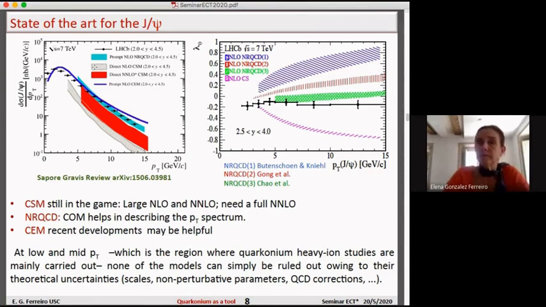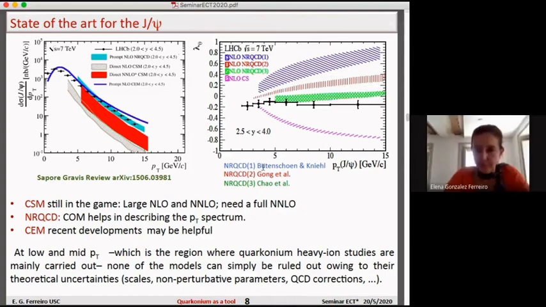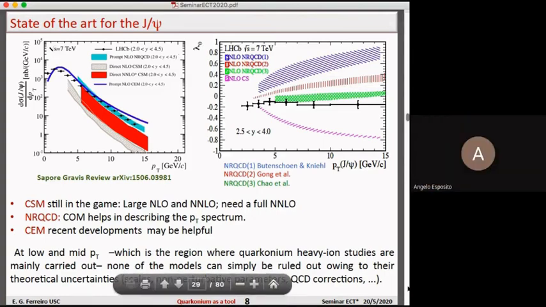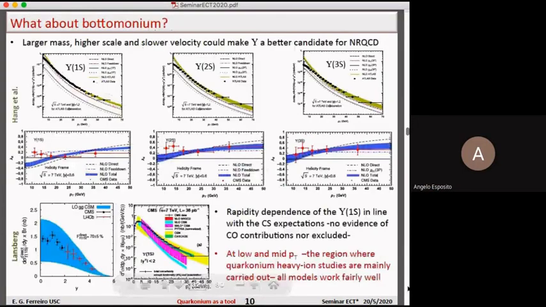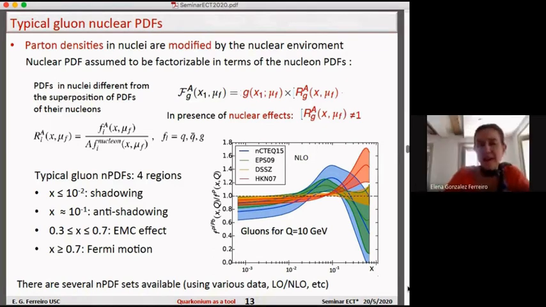Okay, good, thanks. I have another question, but this is maybe because I'm ignorant, about these initial state effects. Here, if I understand correctly, you talked about them mostly from the point of view of quarkonium suppression, right? But they are there for anything.